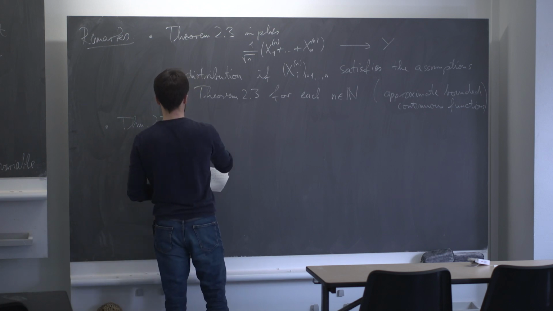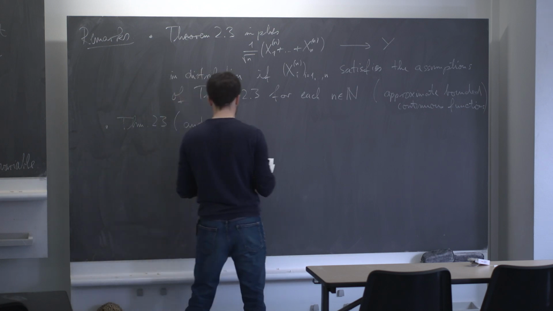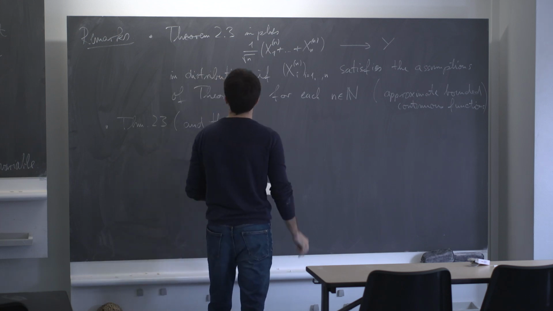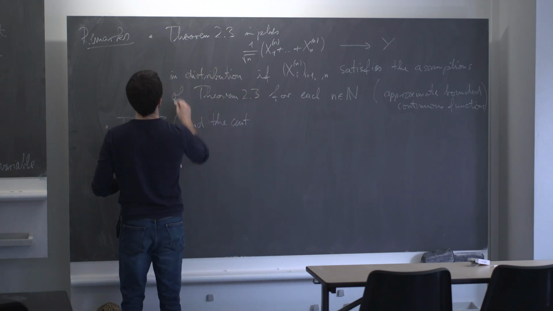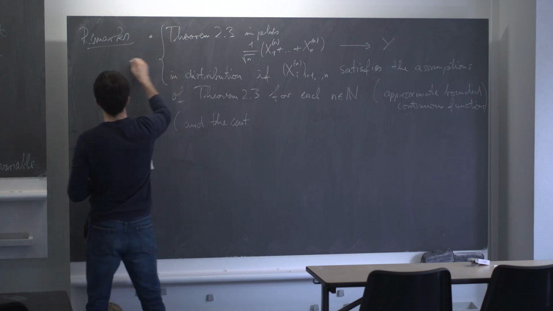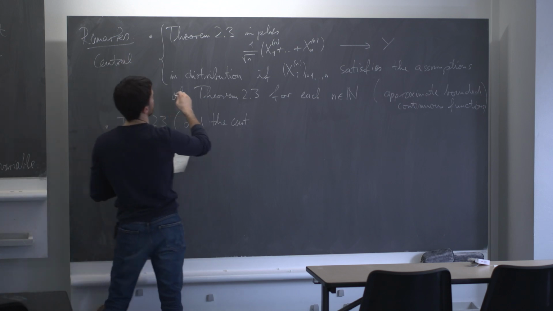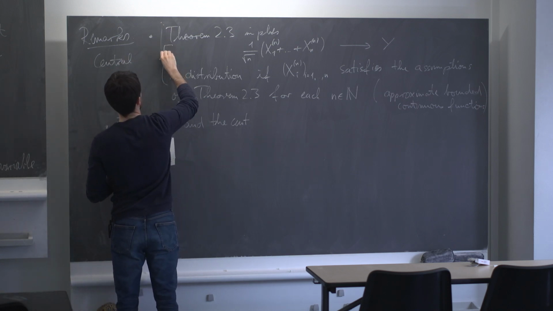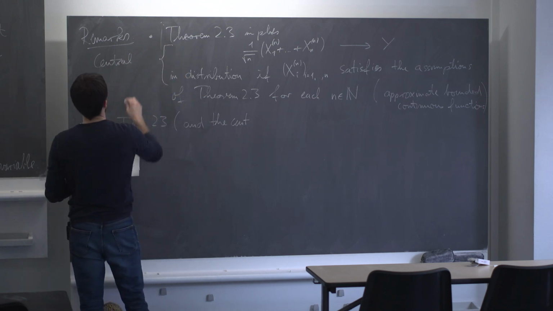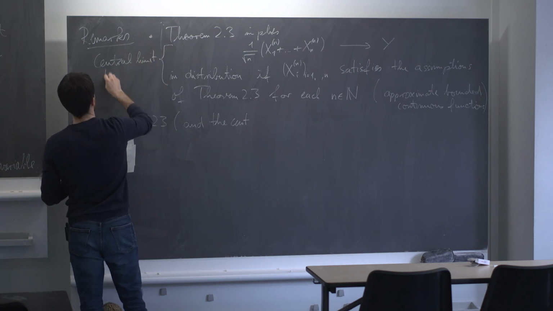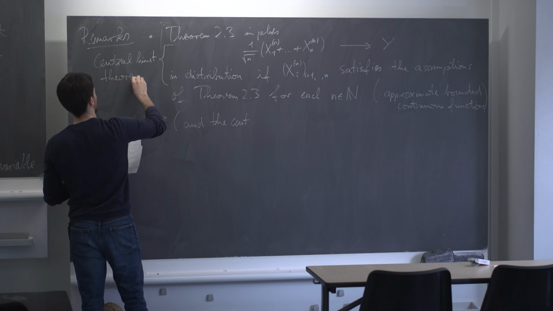So this theorem 2.3 and the central limit theorem, maybe I should have said that something like this is of course called the central limit theorem. Well, it starts here. It's a version of the central limit theorem. There are of course many versions.